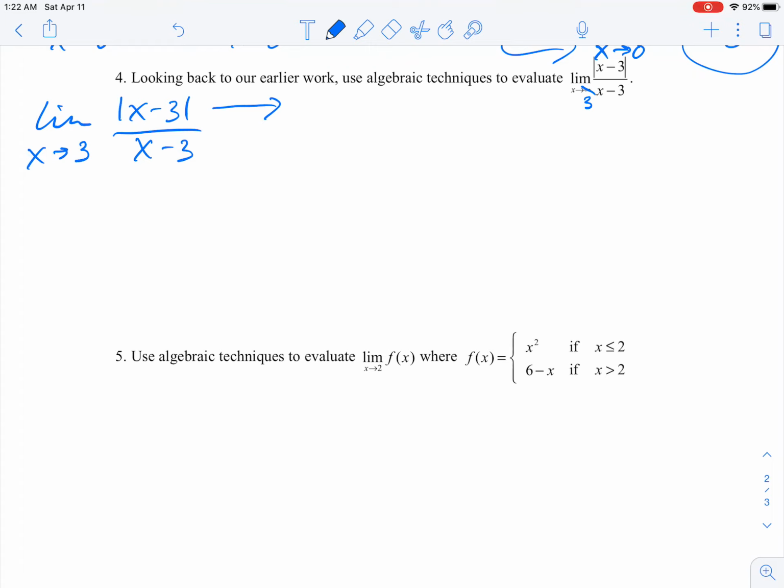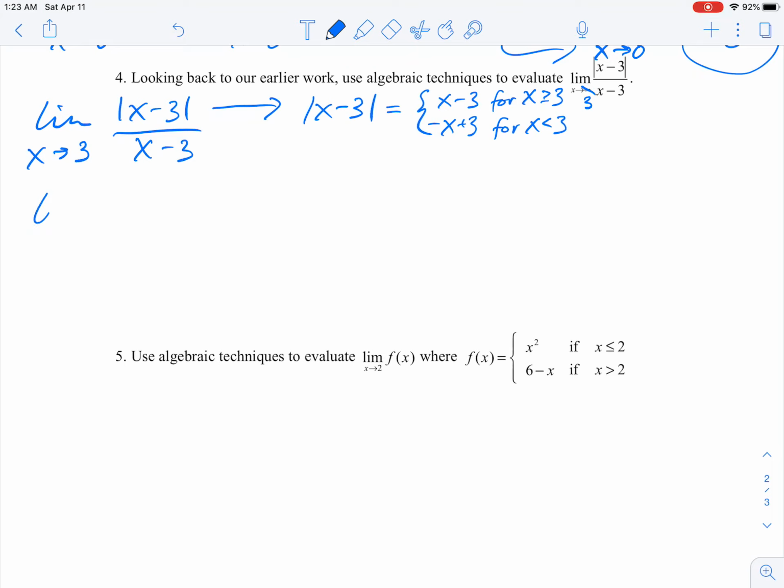When we come in from the right, we would deal with another part of the piecewise function. The absolute value of x minus 3, if we consider it by itself, is defined as x minus 3 for x greater than or equal to 3, and it'd be negative x plus 3 for x less than 3.